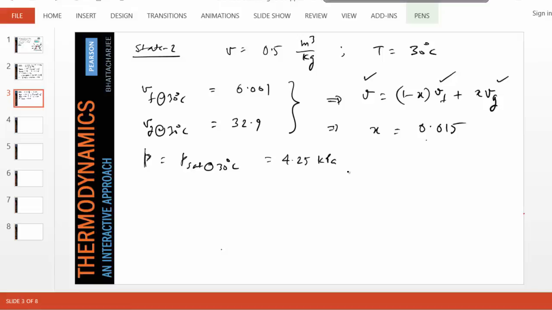Anyway, now that we know the pressure, in this particular problem we need to find U and S. So U would be, again, (1 minus x) times u_f plus x times u_g.